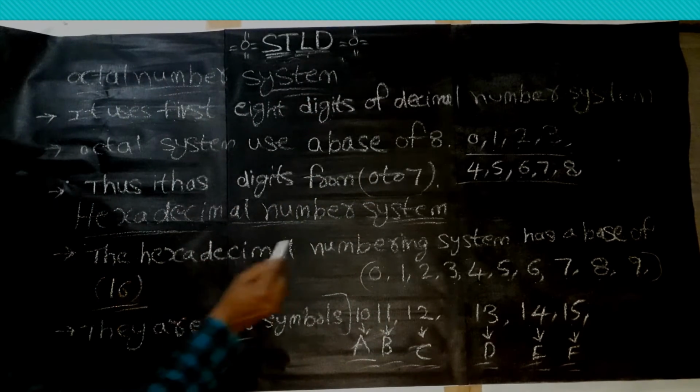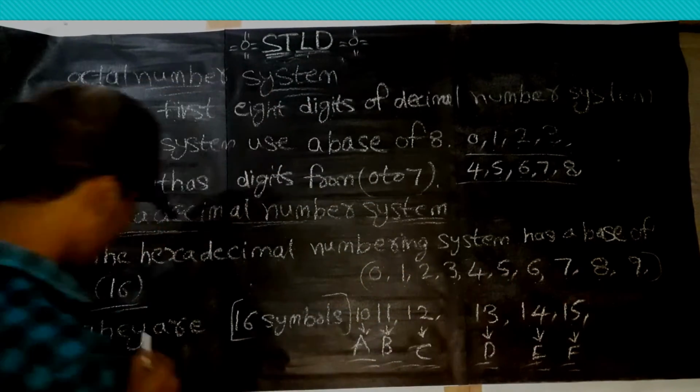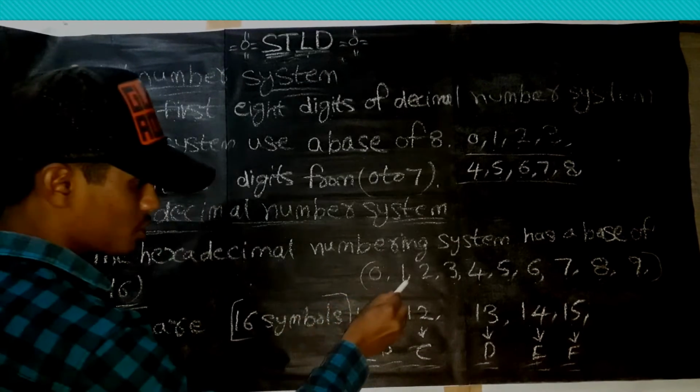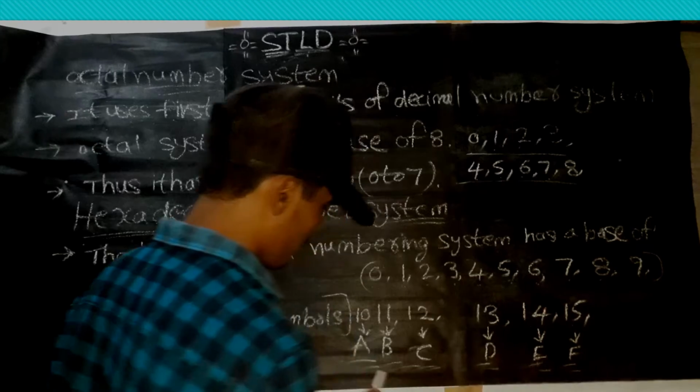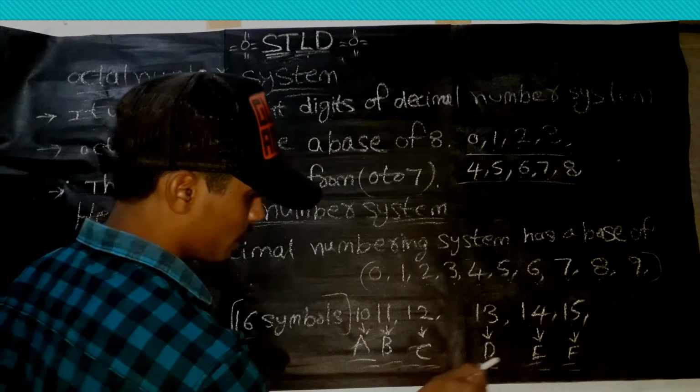The hexadecimal number system has a base of 16.